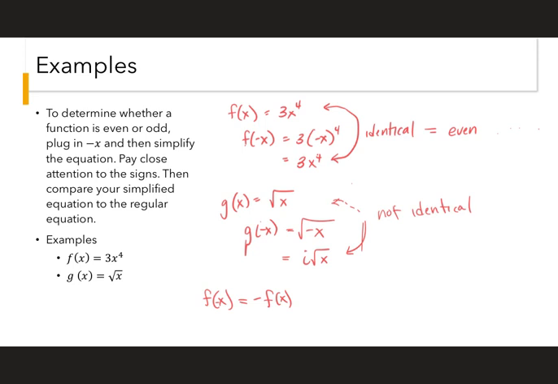They're not identical. They're also not opposites. And because they're not opposites and they're not identical, we just say that this function is neither even nor odd.